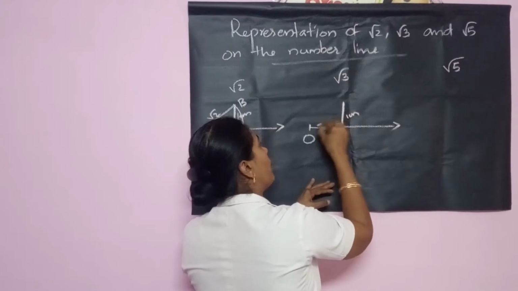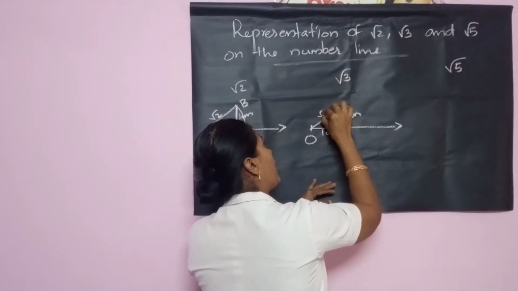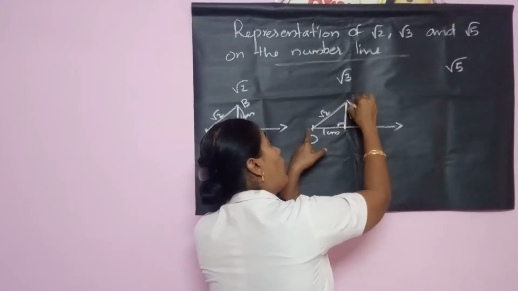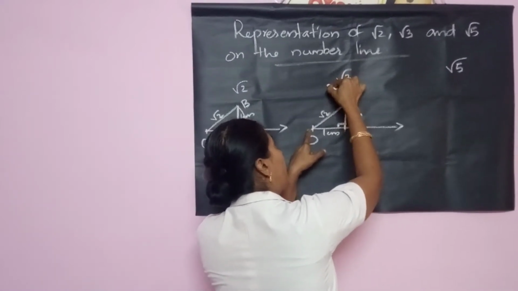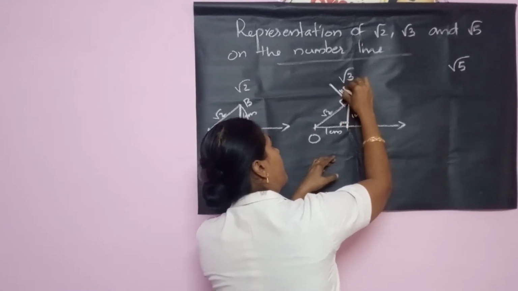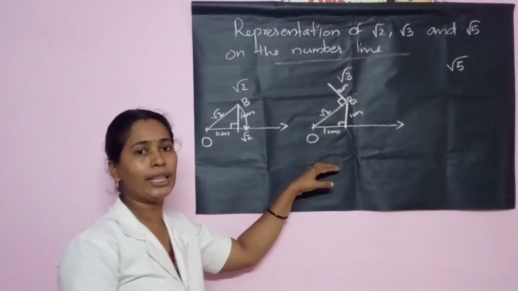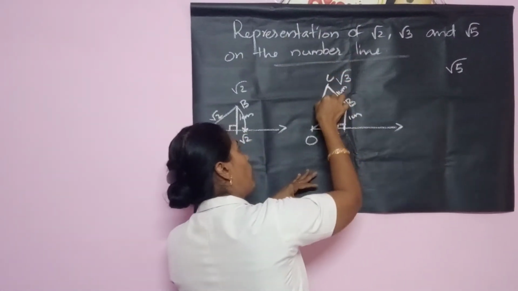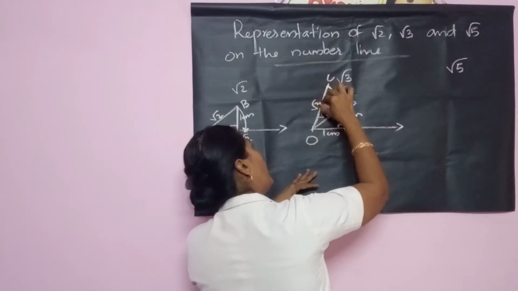After getting root 2, keep your protractor on this line OB and draw again an altitude of 1 centimeter length. You have a point C. Join OC, and you will have the length root 3.